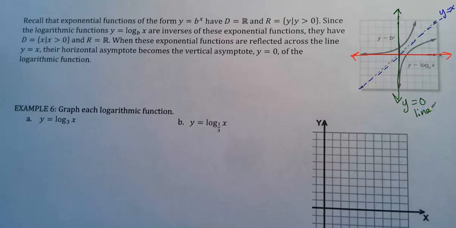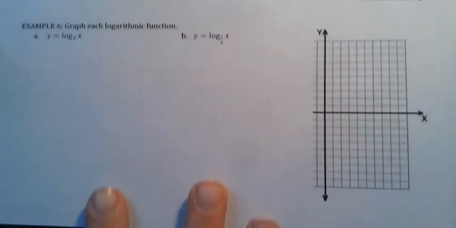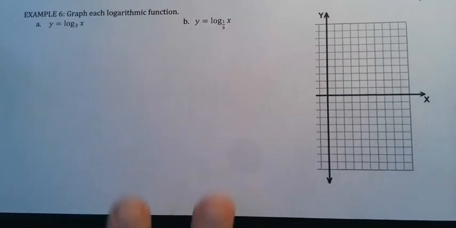Okay. All right. So example 6 says graph each logarithmic function. Let me clear this and move it up a little bit. Okay, so we're going to graph each logarithmic function for example 6. Well, the easiest way to do this, okay, is let's look at these actually.